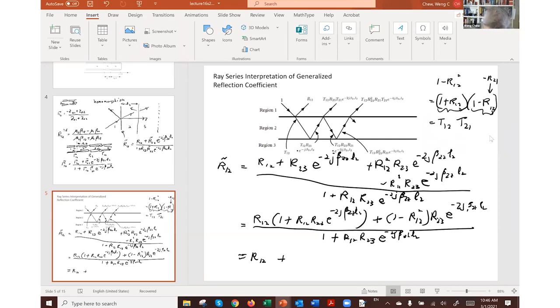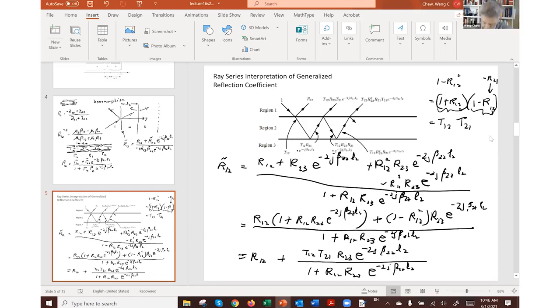What I have left is something like T12, T21, R23, e to the minus 2j beta 2z L2 divided by the same denominator. Okay, so you have this now.